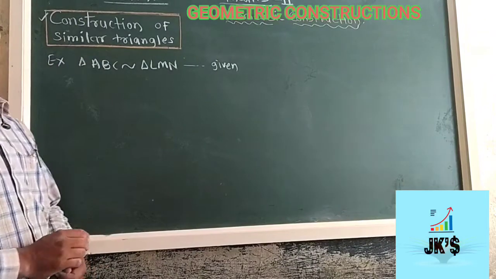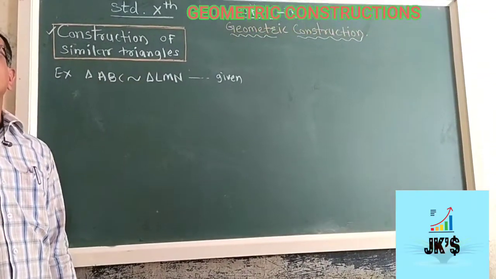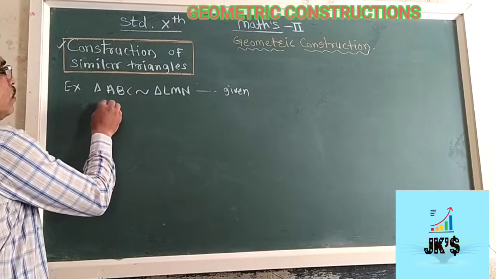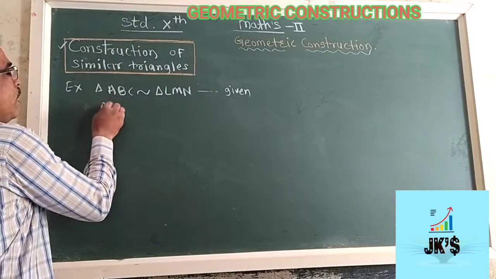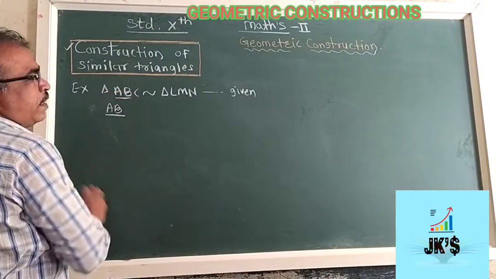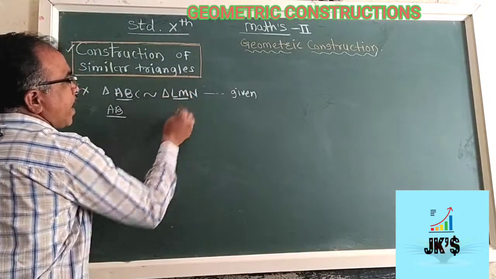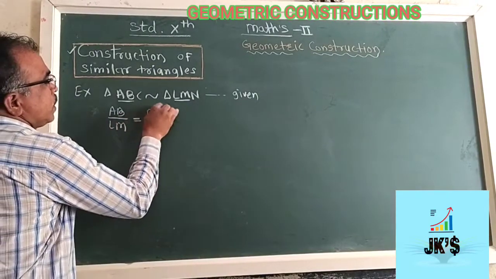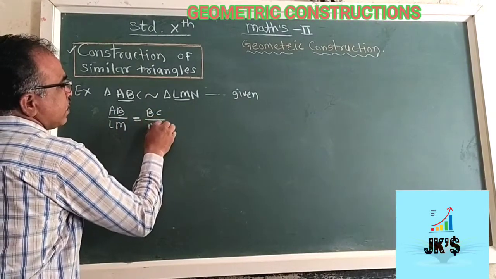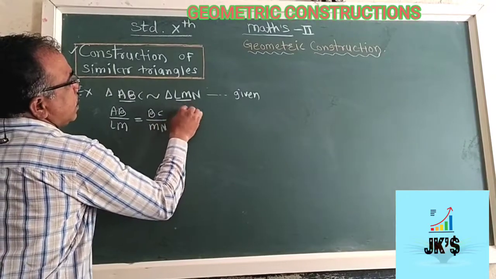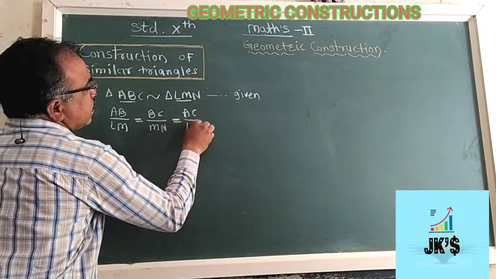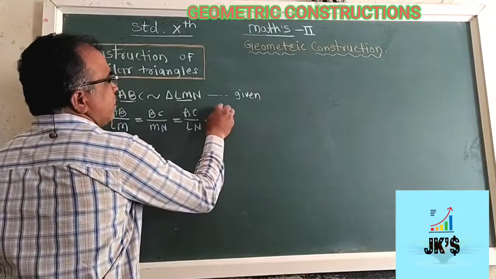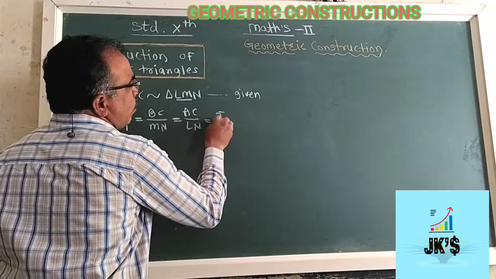Friends, we know that if two triangles are similar, then their sides are in proportion. So, AB of the first triangle divided by LM equals BC upon MN equals AC upon LN, and this ratio, BC upon MN, is given as 5 upon 4.